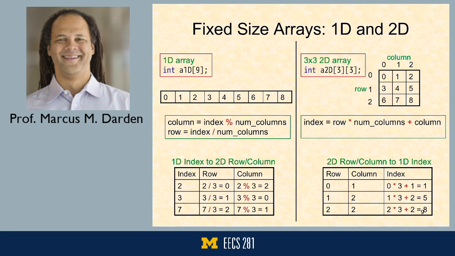So down below that, you see we've got a couple of different conversion functions. If I want to go from rows and columns in this diagram to where it would be in just a one-dimensional array, I can use this function there, and vice versa. If I want to figure out what row and column this would be if this was two-dimensional, I can pick an item here and take its index mod by the number of columns, divide by the number of columns, and that will get me column and row.